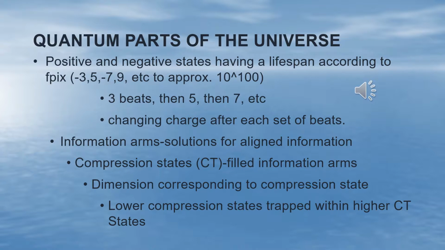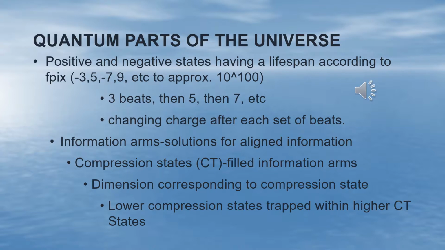As information arms are filled with either positive or negative values, theoretically alternating in order to create neutral values, the next compression state is formed. For purposes of the transition from CT1 space to CT2 photonic light, it is theorized that there is one photonic light state for each 256 aligned CT1 or space states.